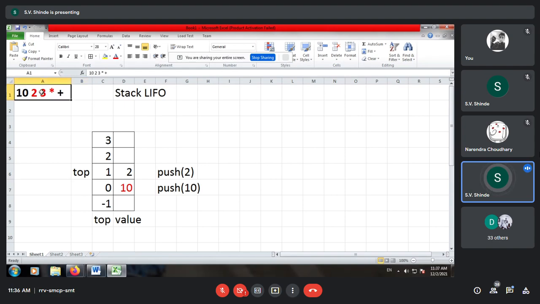Now after 2 you will find that 3 is there, so it is a number, so it will be pushed on the stack. So we will get 3 on the stack. Again the top will be incremented by 1, so top will be updated. So this is the initial position of the stack.